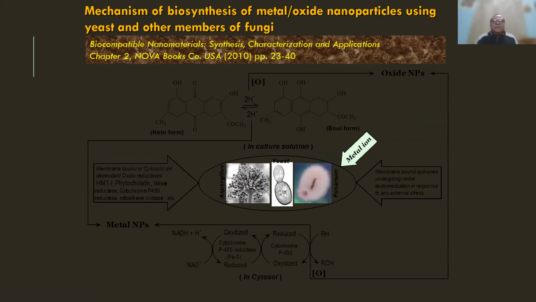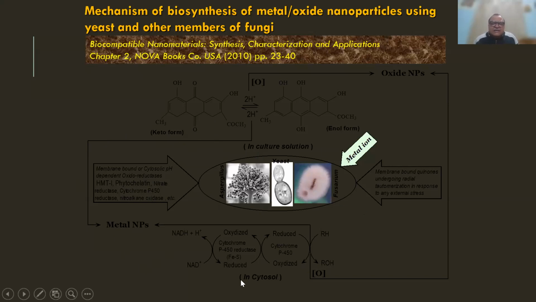And here we are dealing with fungi. This is yeast, this is Aspergillus, this is Fusarium. Why should a fungus give nanoparticles? On the membrane wall we have quinones, and quinones are capable of undergoing tautomerization, keto form to enol form, and inside we have phytochelatin, HMT, cytochrome P450 and other things.